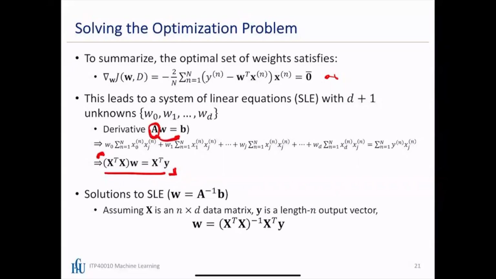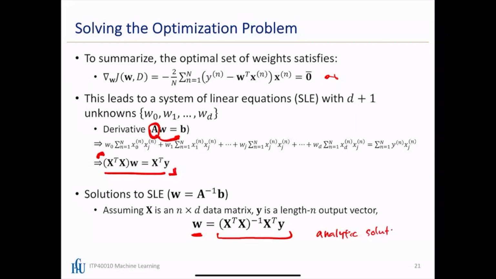If you do so, W can be obtained by simple matrix multiplication: X transpose X inverse, X transpose Y. So things are quite clear, right? This is an analytical solution, so to say.